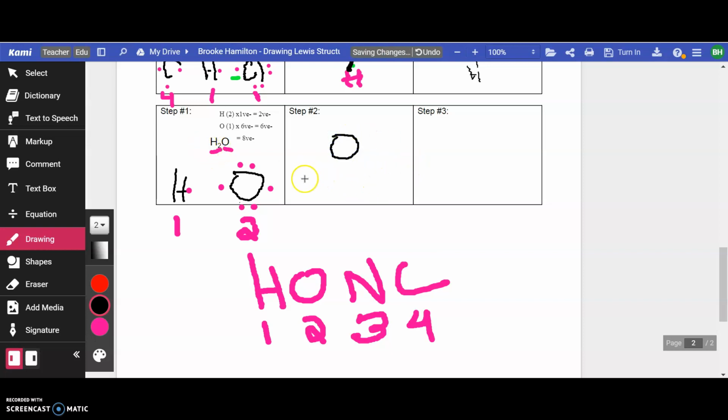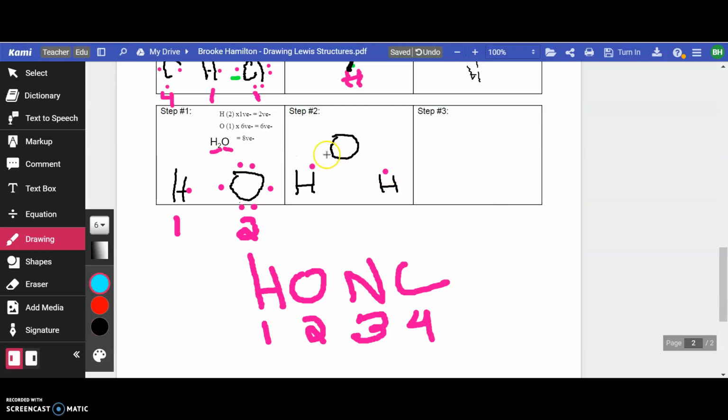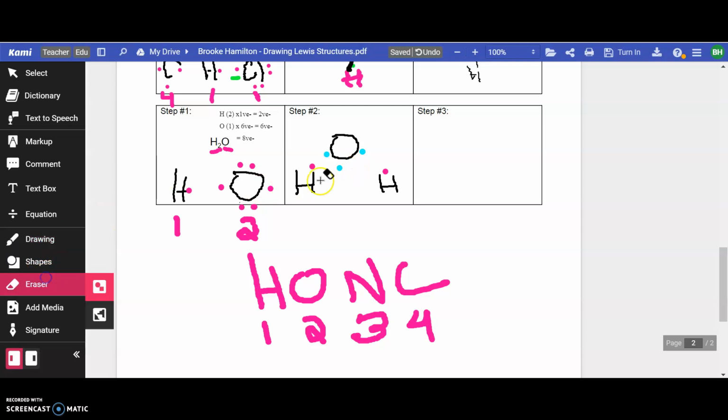There are 2 hydrogens, so we're going to draw our 2 hydrogens. Each hydrogen is going to give 1 of its valence, since it only has 1. Oxygen is going to share 2 of its valence, and it's going to have remaining lone pairs after.